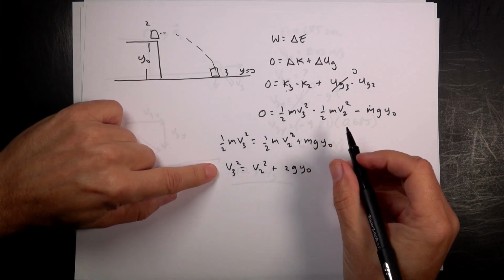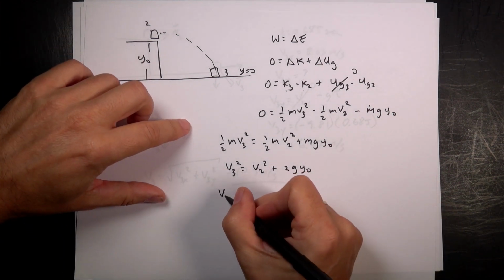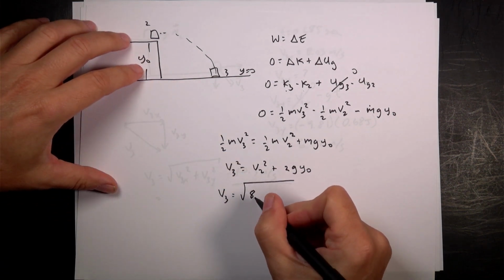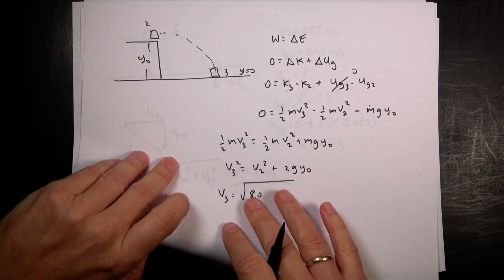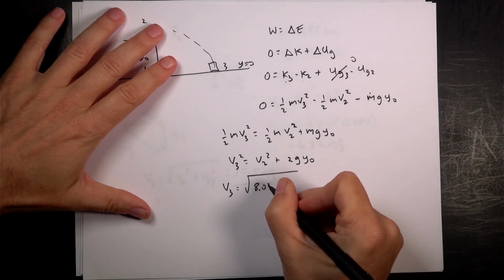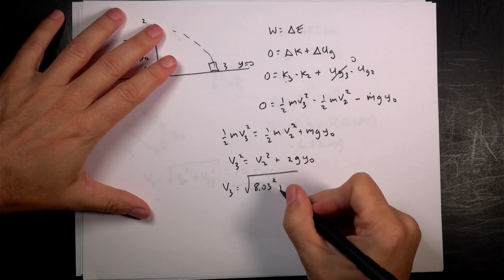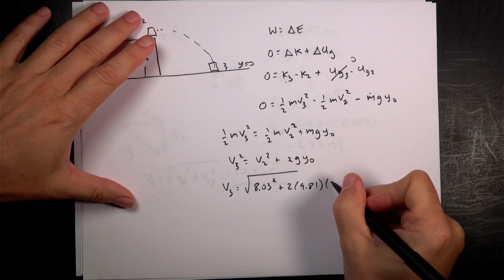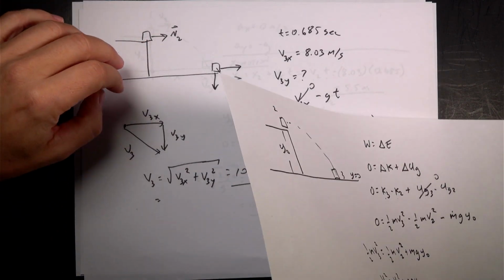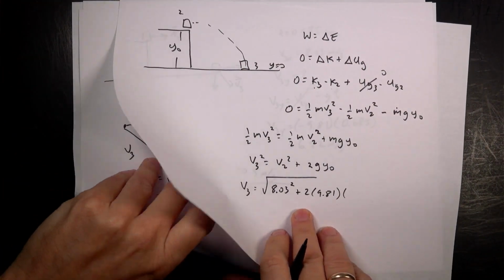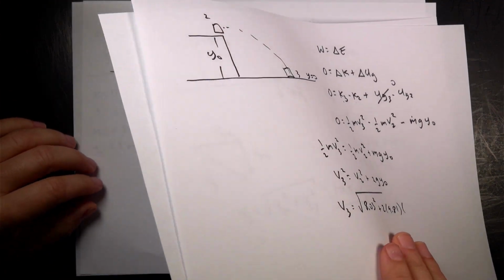So let's just plug in my values. I get v3 is going to be the square root of v2 squared, which is 8.03 squared, plus 2 times 9.81 times 2.3. Is that how tall it was? 2.3.